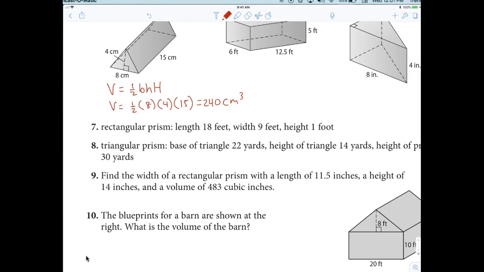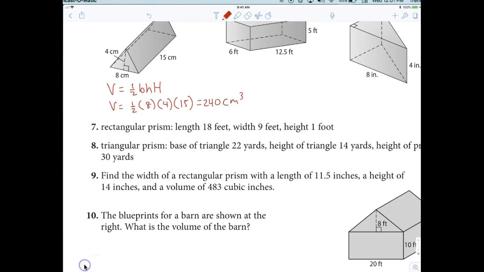Yes. Thank you. Colin says we're correct. 240 centimeters cubed. So we're good. Anybody have any questions?